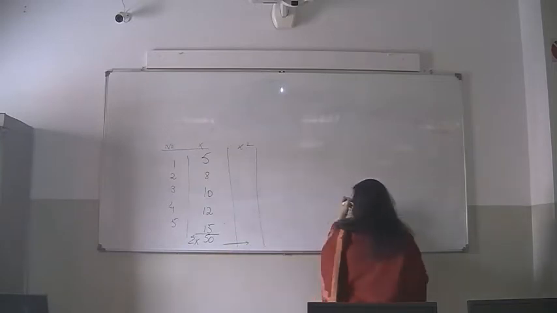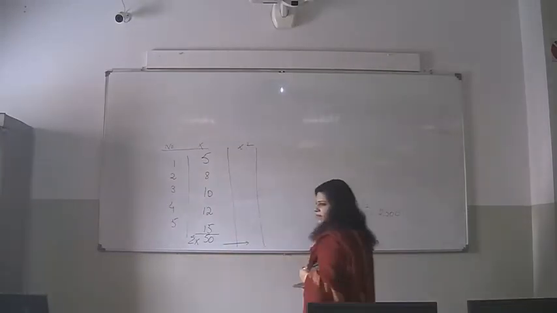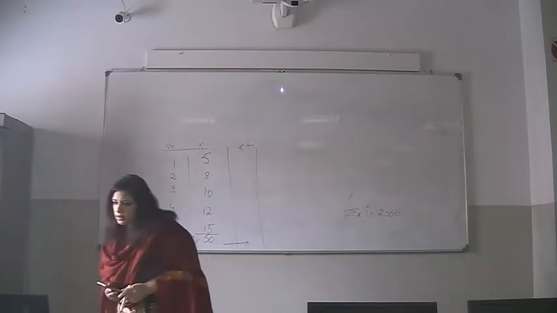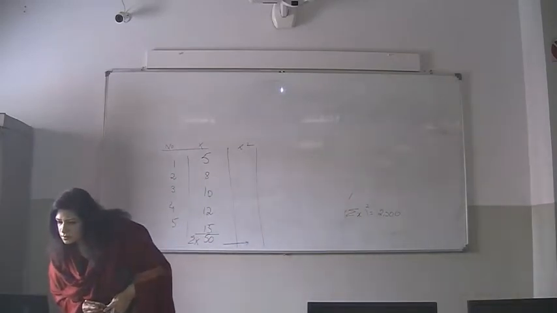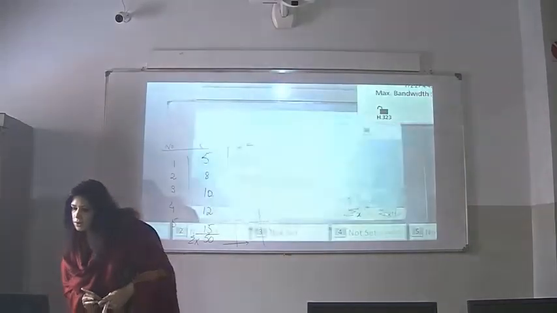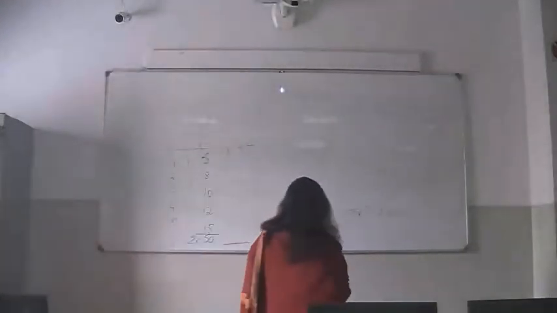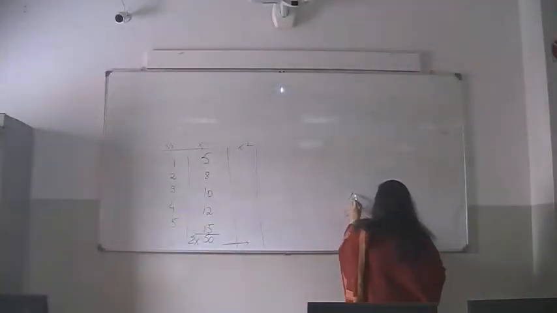This could be a sample or a population. They have given us a population, so we have sigma and mu.